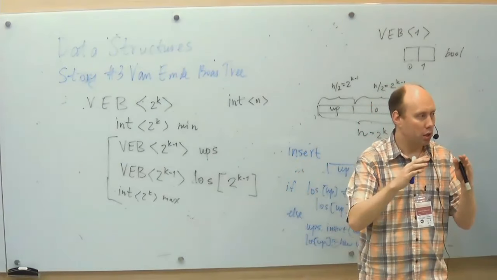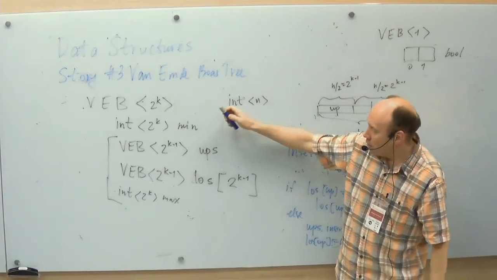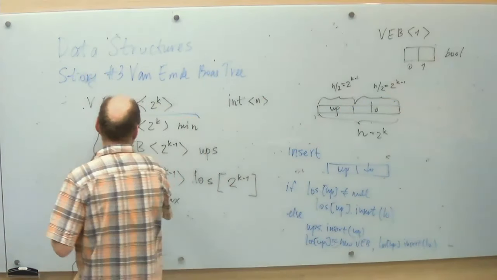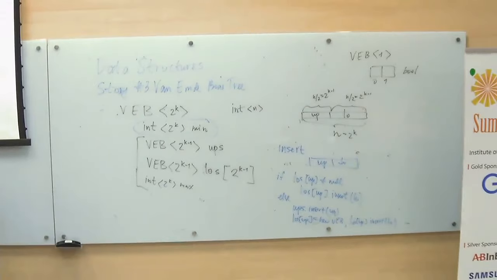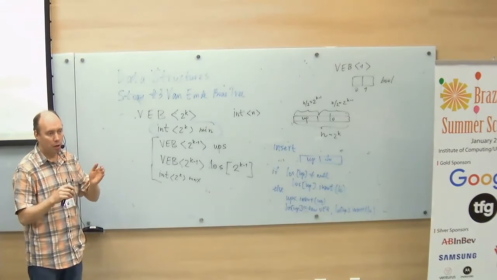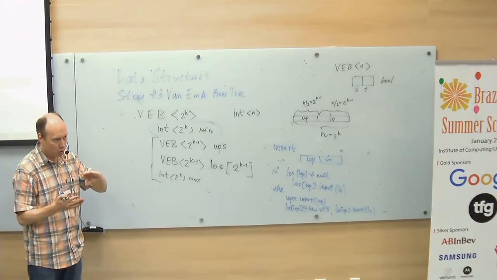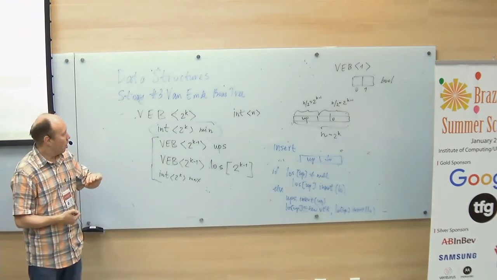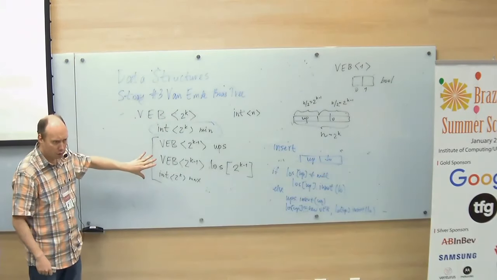And the common idea that I want to present to you in this data structure is this. When you make some interesting data structure, sometimes explicitly extracting some minimum value or maximum value in it can let you avoid doing some recursive stuff.